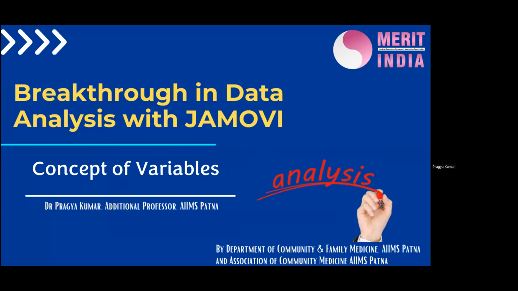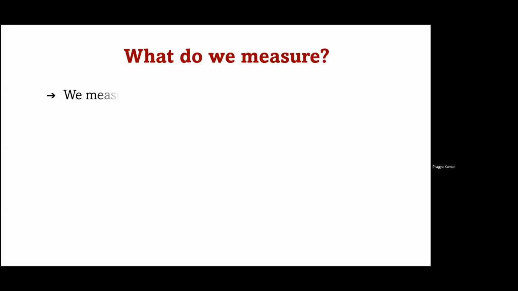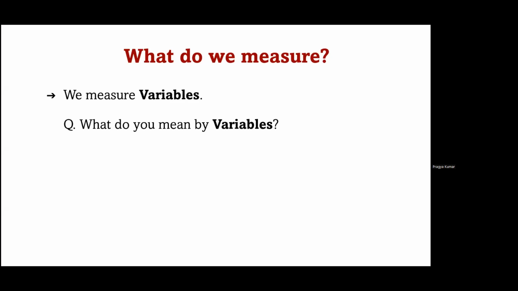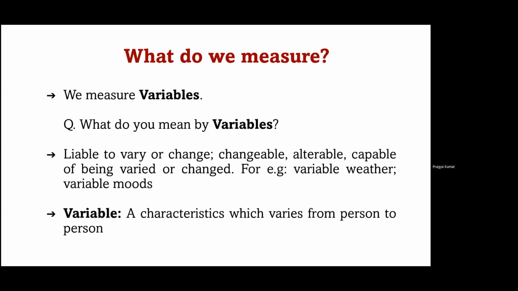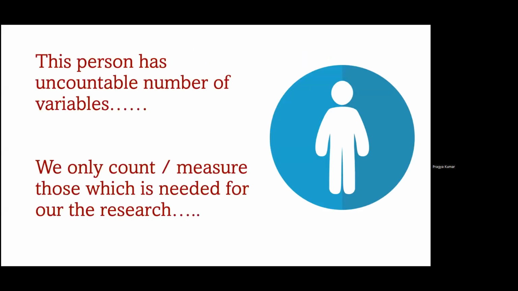Variable, as the name suggests, is something which varies, which is not fixed. Whatever we collect from a person, age or any biological parameter, differs from one person to another. Whatever we measure is a variable, likely to change from one person to another. It is a characteristic which we measure from a person.